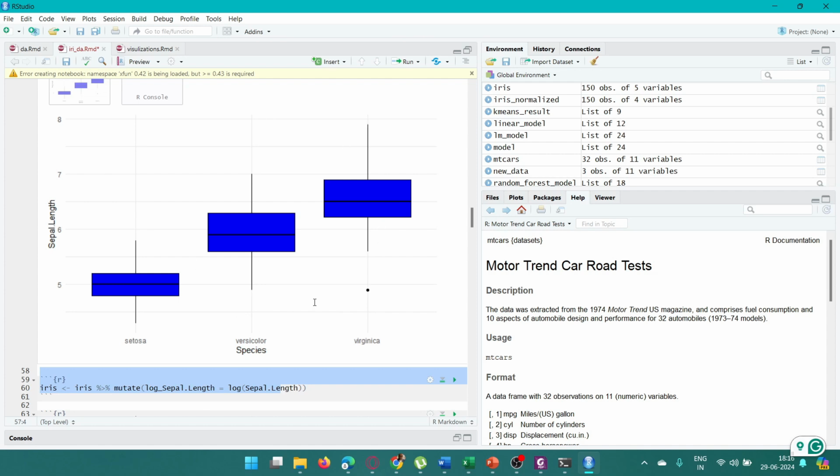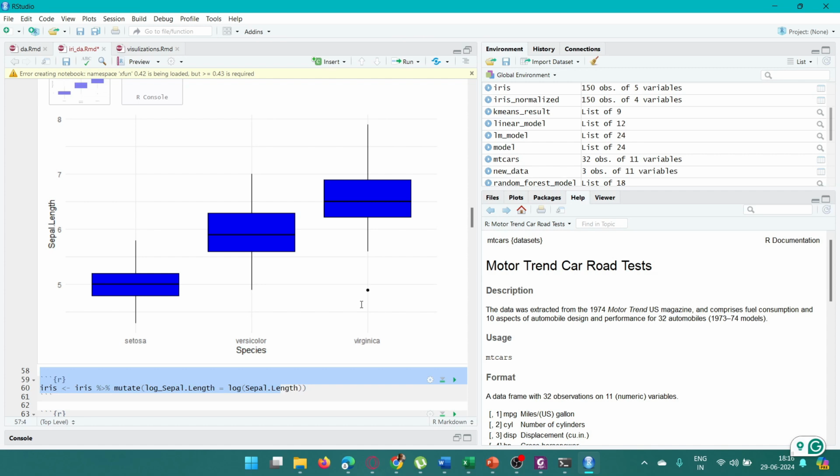So this graph visually shows us that these three species have different value distributions of sepal length, which can be easily classified under a classification problem of machine learning. Suppose these boxes were all in the same line, with sepal length taking more or less the same value for all three categories of flower; then it would be very difficult to classify the species type using sepal length.